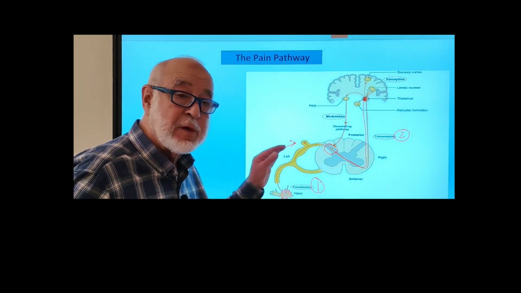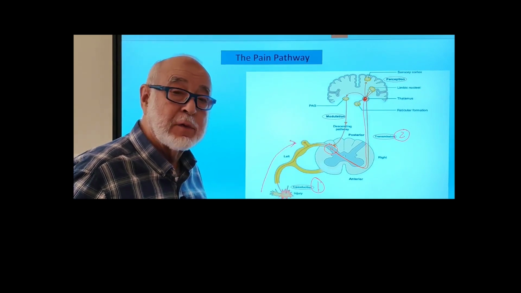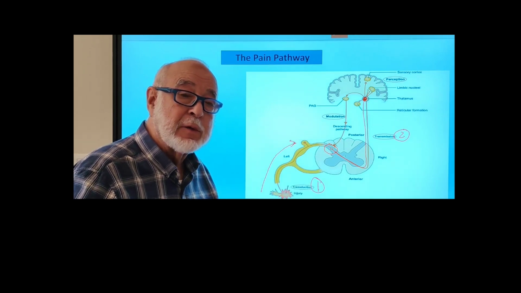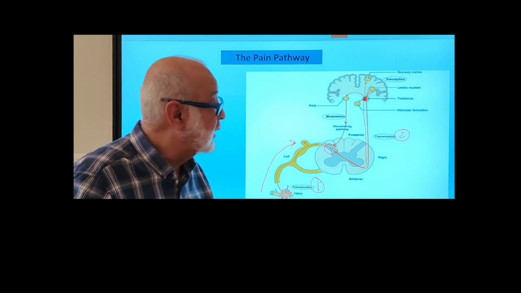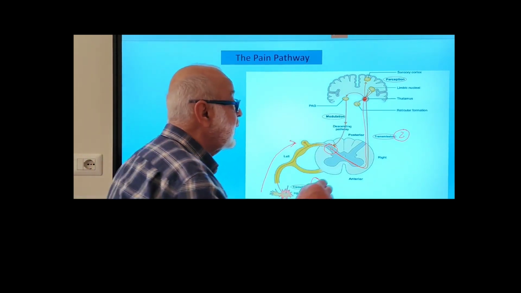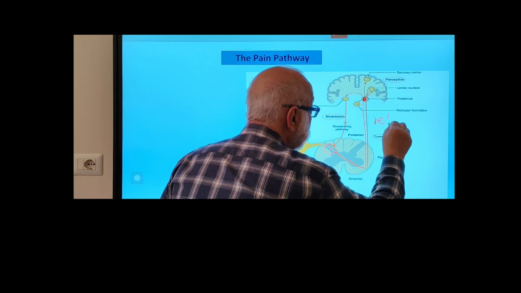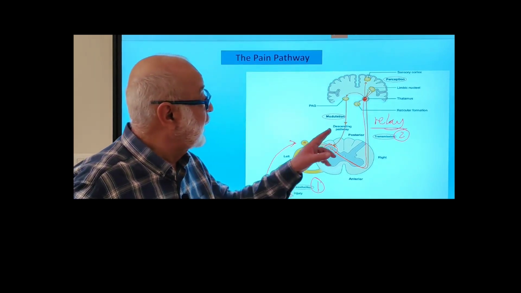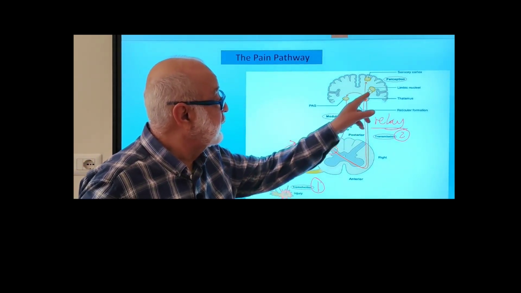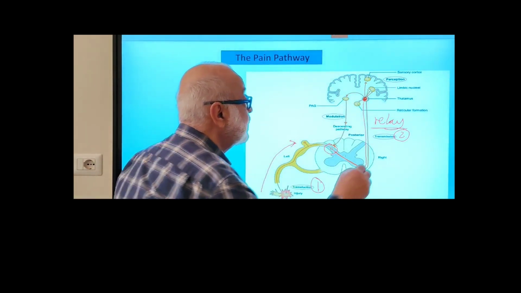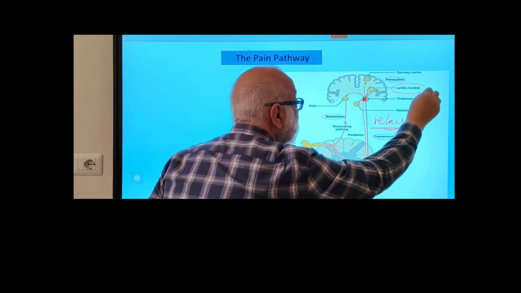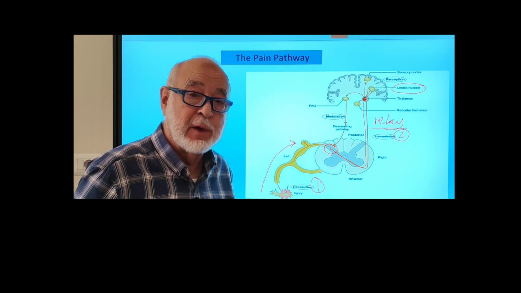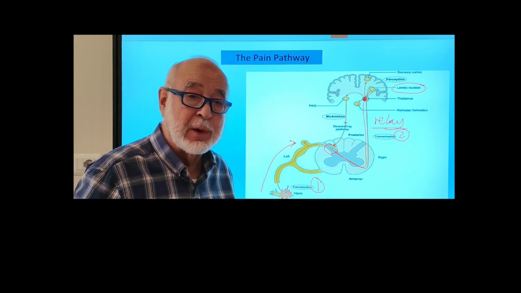Once the sensory impulse reaches the thalamus, it will spread this impulse into 3 different regions in the brain. That's why we call the thalamus a relay station. So what will happen? The thalamus will spread the sensory input into the limbic system for the emotional response to pain, as we have said, either crying or jumping or whatever.